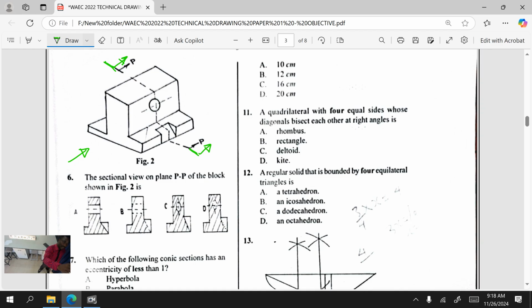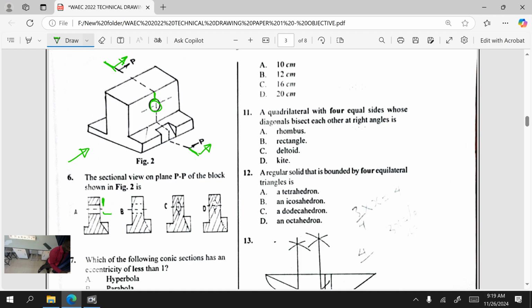For example, look at this place. The material falls on this side. So we have this. You see that? Good. This part is a hole. Can you see it now? So that means when we are looking at this place, it will not be sectioned. That is why this place is not sectioned.